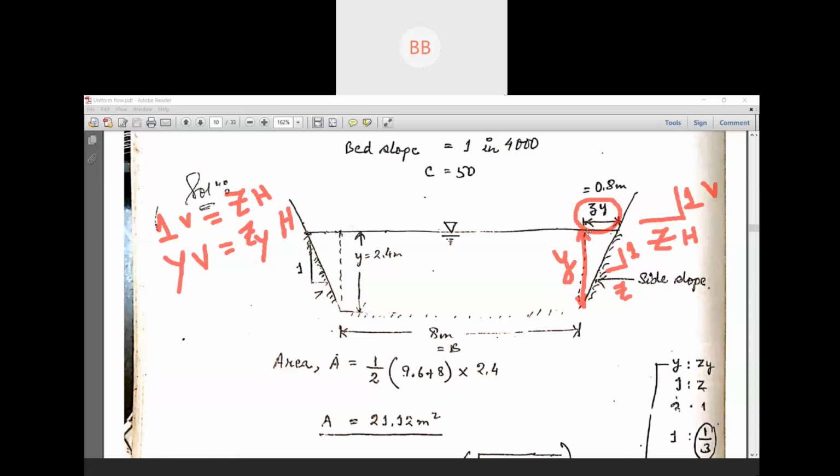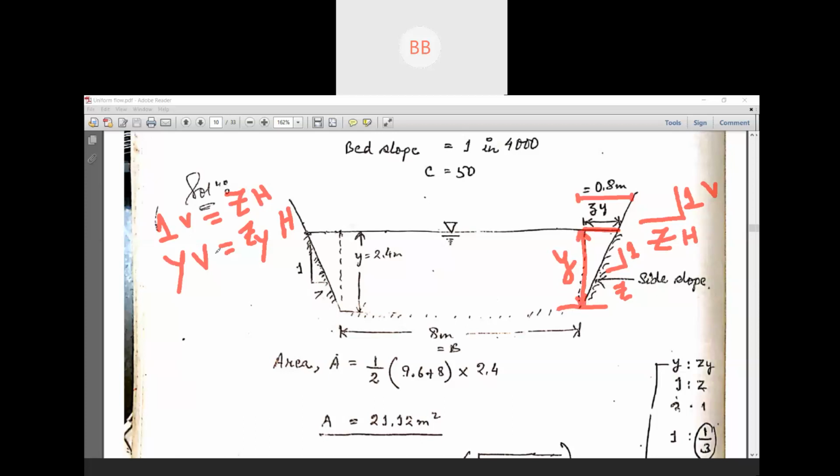So that is why, see here, this is our horizontal distance, this is our horizontal distance, this is our horizontal distance. And this is our vertical distance. If we consider this is the bottom of the bed, bottom of the channel, so this is our vertical distance.